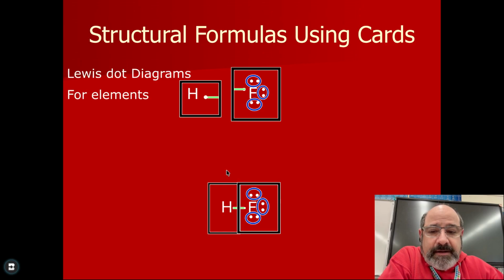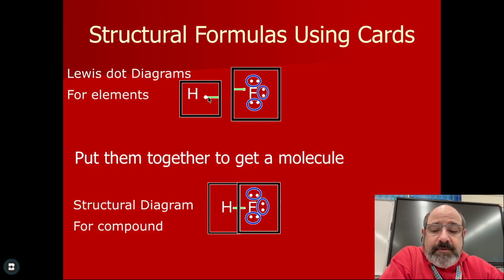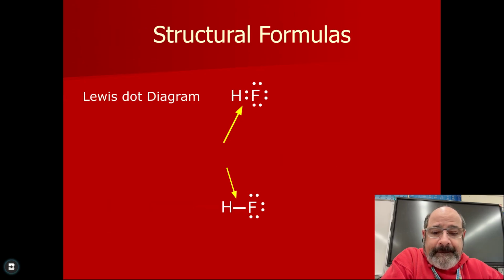When we put our cards together, we have H, and we connect the green line with that green line, those 2 free electrons, to make a bond. That is the shared electrons that we draw a line. And fluorine still has its 6 on the outside, plus those 2, which makes 8.